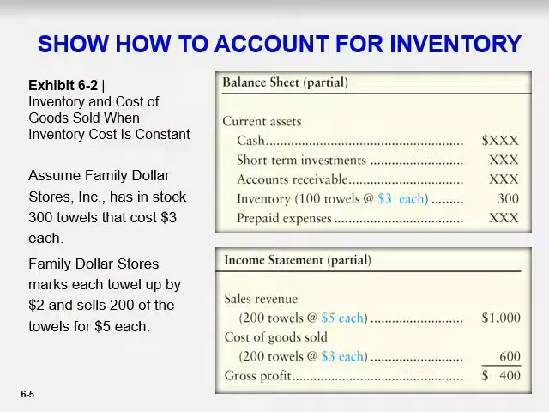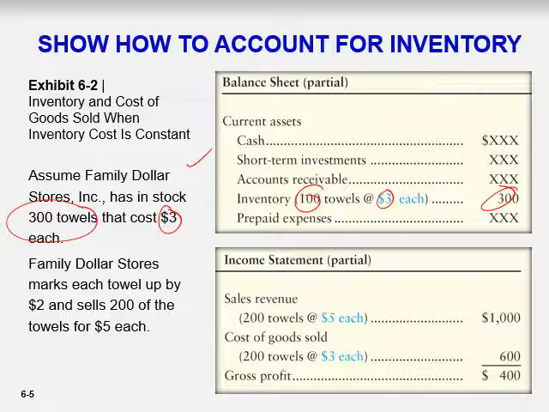Here Exhibit 6.2 shows the inventory and cost of goods sold when inventory cost is constant. So let's talk about that. The basic concept of accounting for merchandise inventory can be illustrated with this example. Assume Family Dollar Store has in stock 300 towels that cost $3 each, right? So how are we going to show that? $3 each, 100 towels, and it is written in the current assets as 300, right?